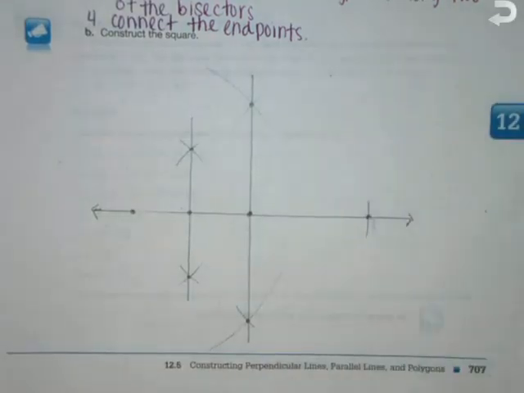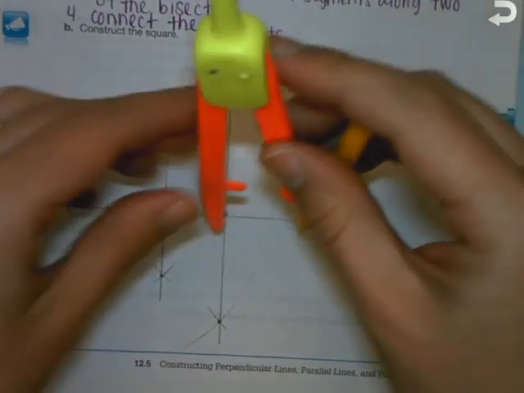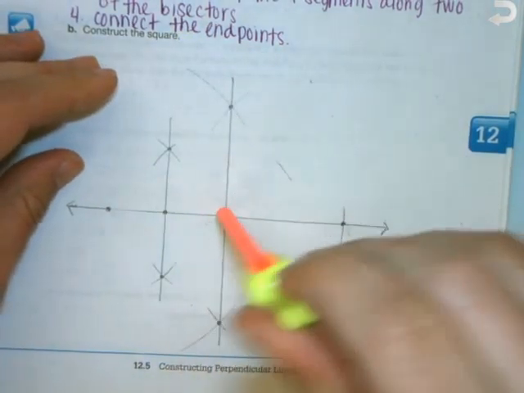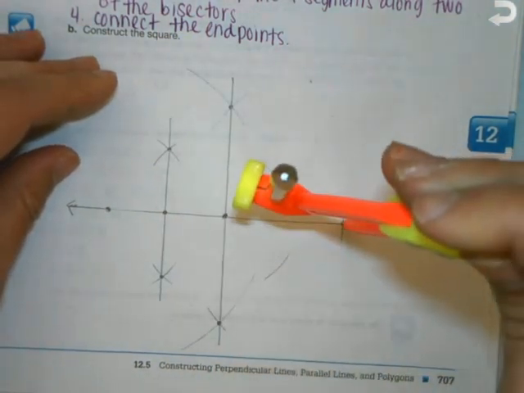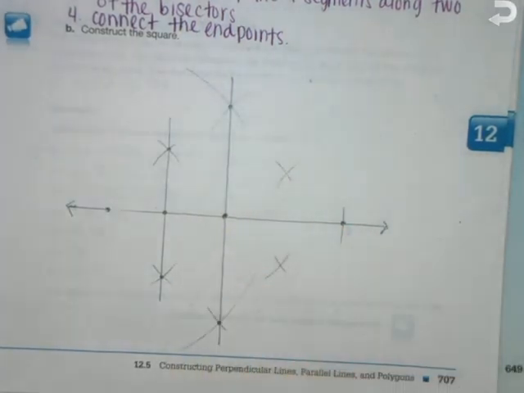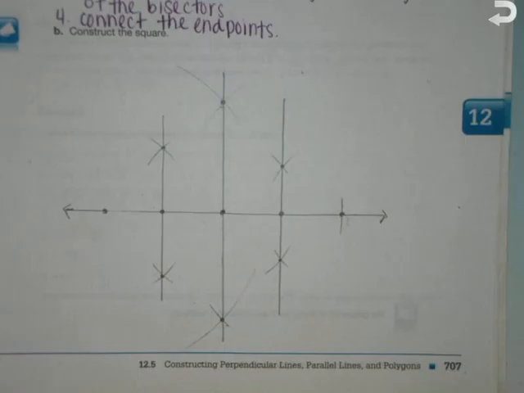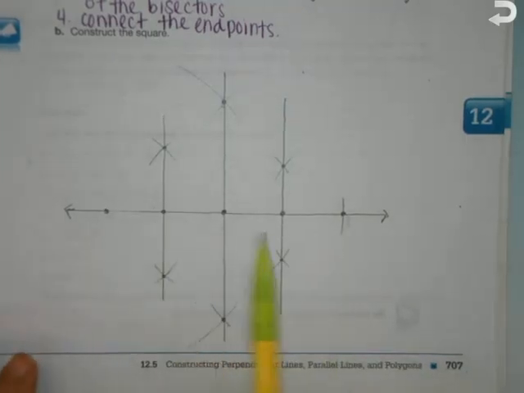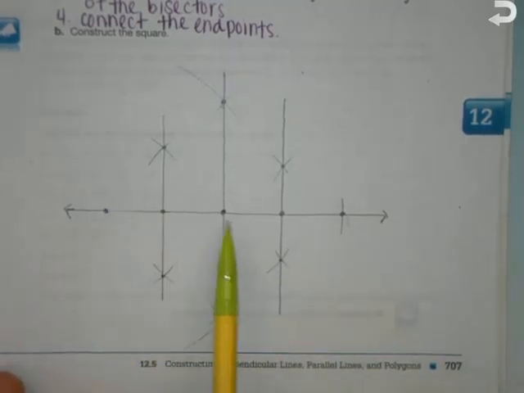And then we're going to do the same thing to the other half. So I'm going to leave my compass the same length because they're the same size. So what we have done, guys, is we have constructed now 4 segments of equal length.